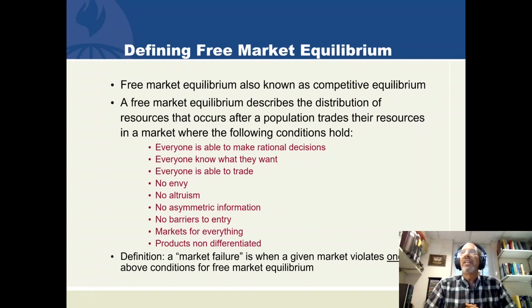We give them no asymmetric information, meaning everybody knows everything about the goods that they're trading. As I said, no barriers to entry, and everything can be bought and sold that you could possibly imagine in your life. And all of the products have no secrets. They're not differentiated.